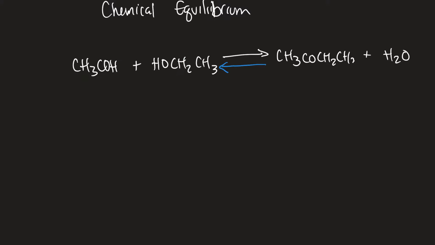What is going on? A lot of chemical reactions happen this way. Originally there is a forward reaction, because all you have is these two reactants colliding with each other with the correct orientation and a sufficient amount of energy, or activation energy, and then you are making these products.